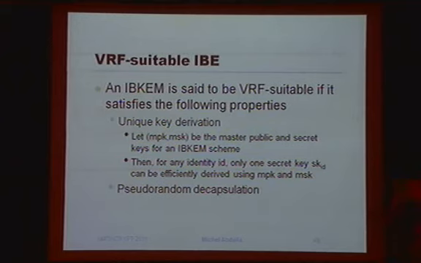The pseudo-random decapsulation assumption, you can see very easily, is satisfied by most CPA IBE schemes. Most of the encryption schemes in the literature actually meet this notion, as long as it is the CPA version. I say CPA because usually in CCA, once you decrypt with the wrong key, it just returns bottom, or says invalid.